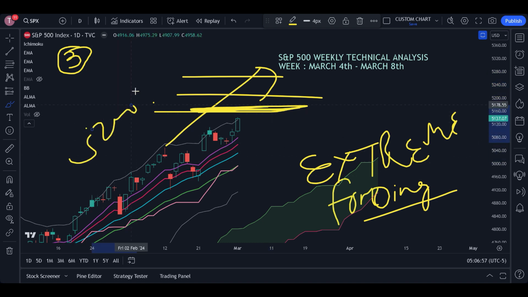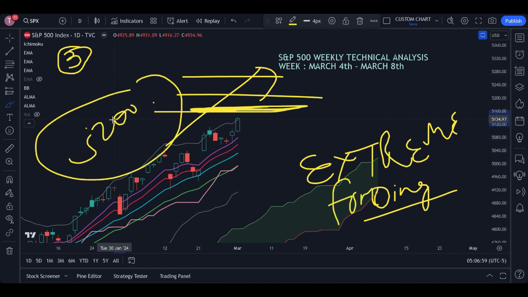Let's keep a simple number, 5,200. This is a hypothetical number, not my calculated resistance level, just for your reference. So let's say upward movement like this.